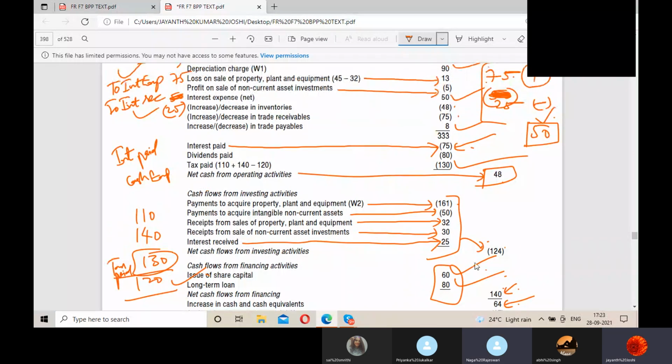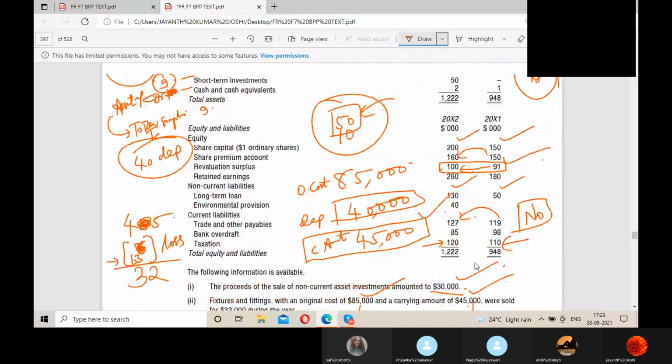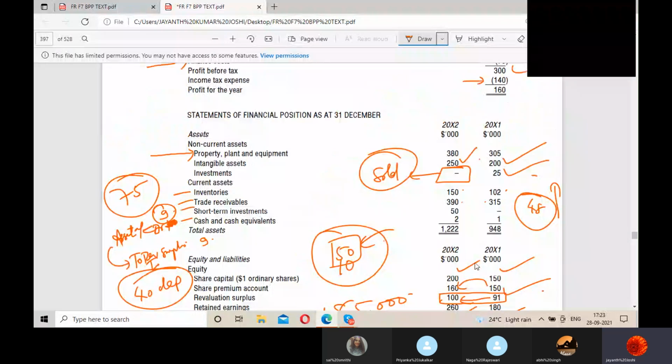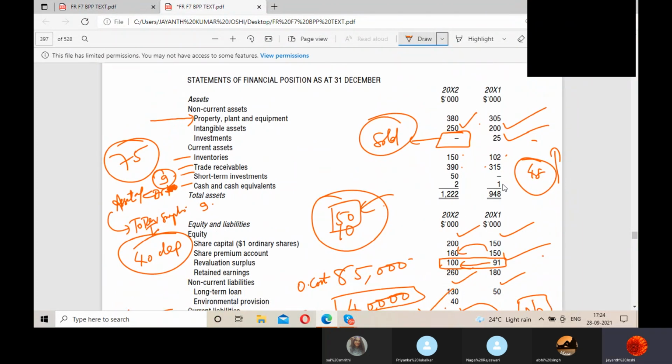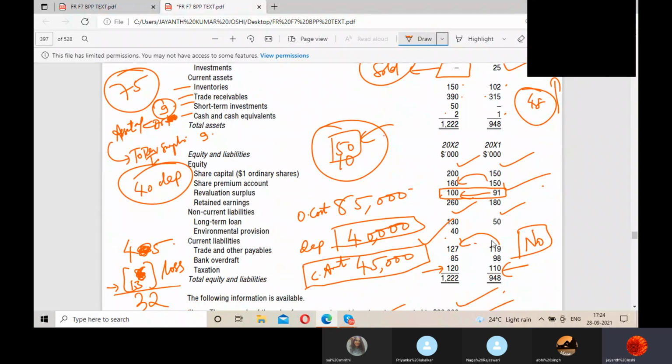Let's see, what is your cash account? You have cash and cash equivalents of this, and again you have a bank overdraft.